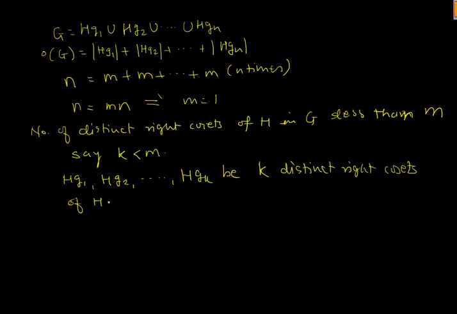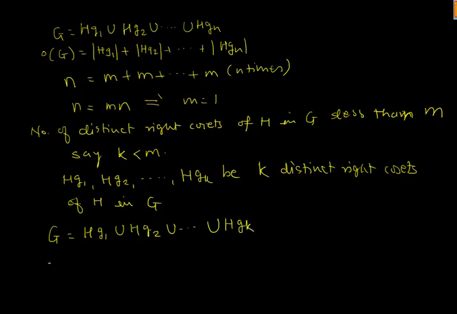We know that distinct right cosets of any subgroup of G create equivalence classes, and they provide a partition of G. Therefore, G can be written as the union of these distinct right cosets, finally up to Hgk.